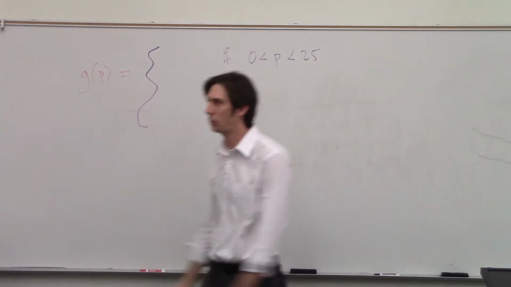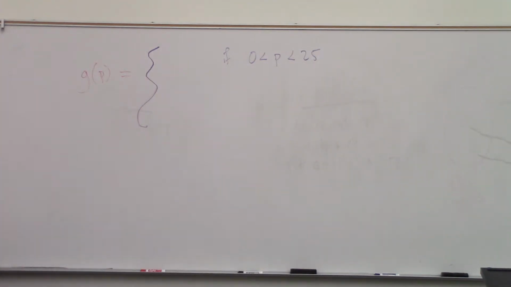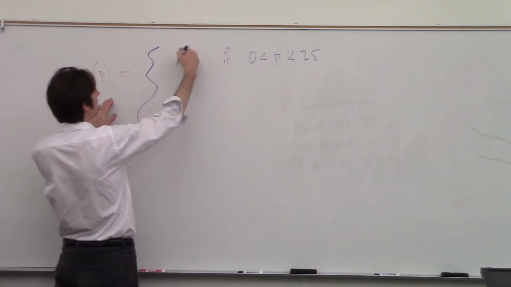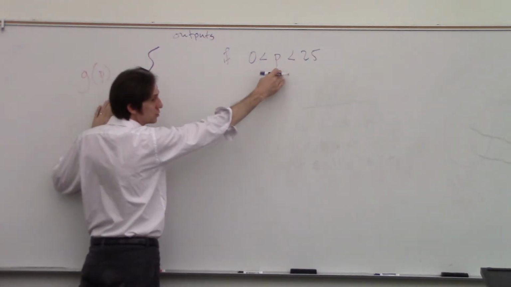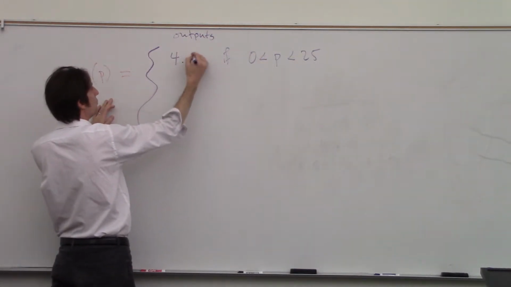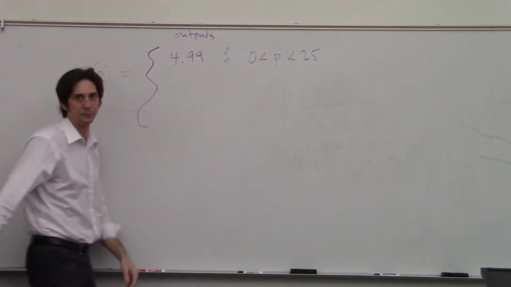Well, I go back to the problem, and I see that the internet retailer charges $4.99 to ship an order that totals less than 25. And so the output value, if my order total is less than 25, is $4.99.